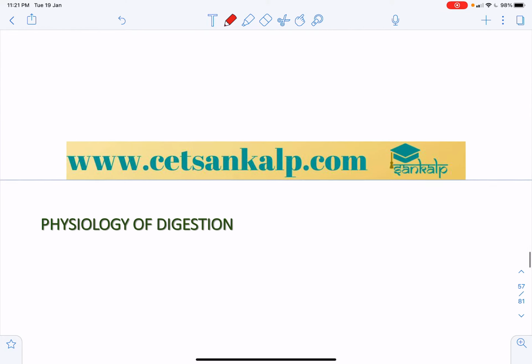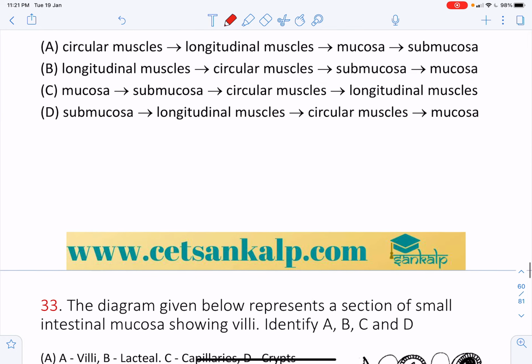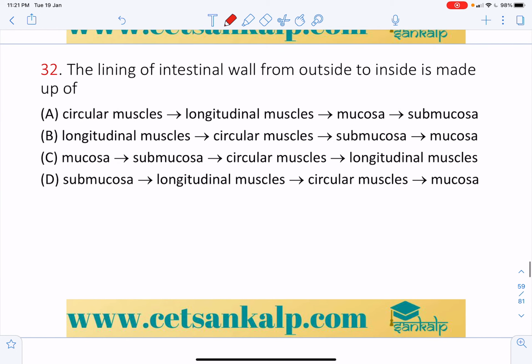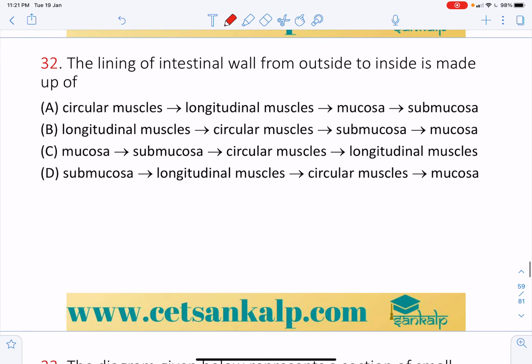Let us take some questions related to the digestive tract, that is, the wall layers. Lining of the intestinal wall from outside to inside. We are all familiar with that. The outermost is called serosa, right?